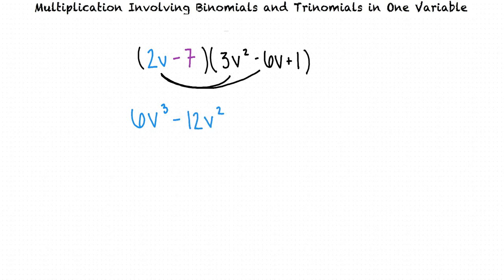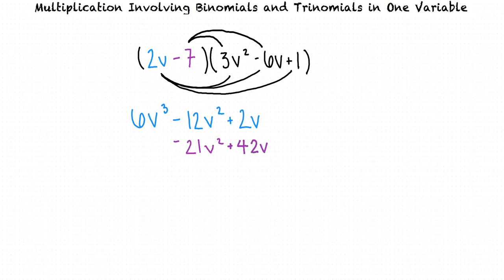And 2v times 1 is 2v. Next, negative 7 times 3v squared is negative 21v squared. Negative 7 times negative 6v is 42v. And negative 7 times 1 is negative 7.